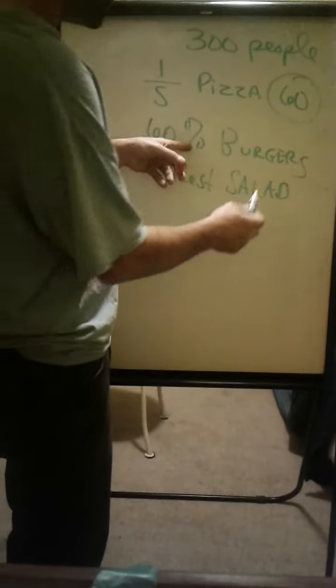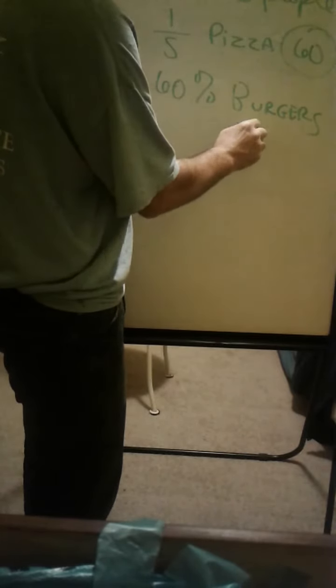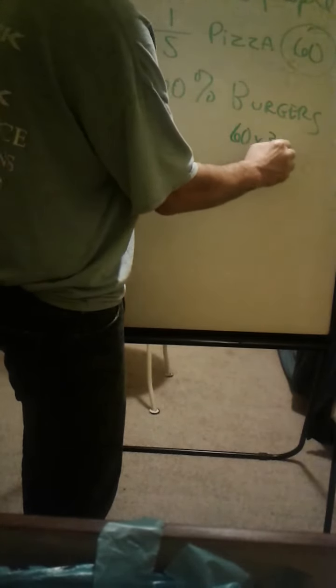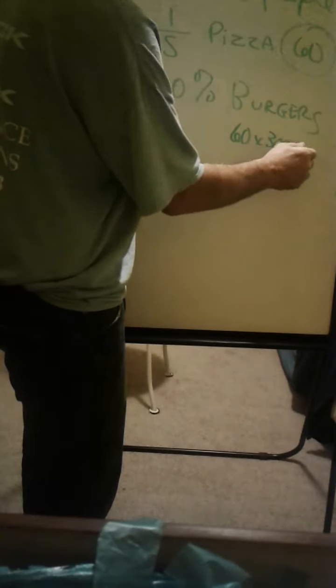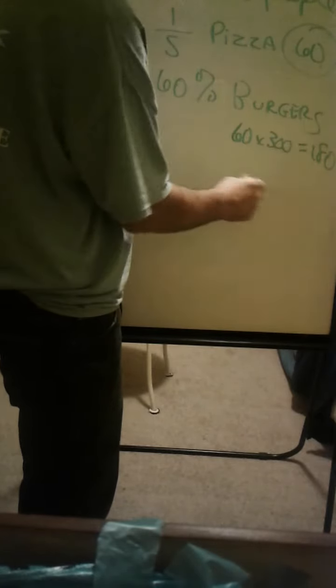If I did 60% times 300, I get 180. Okay? So these two guys added together, 180 plus 60 is 240.